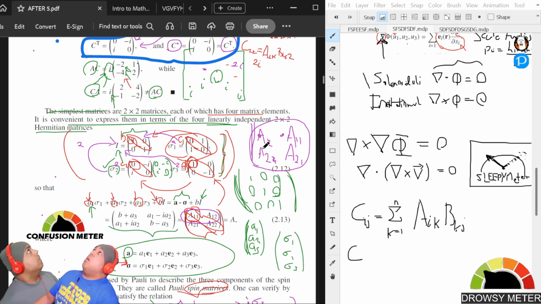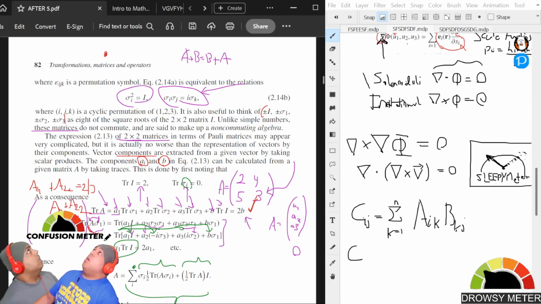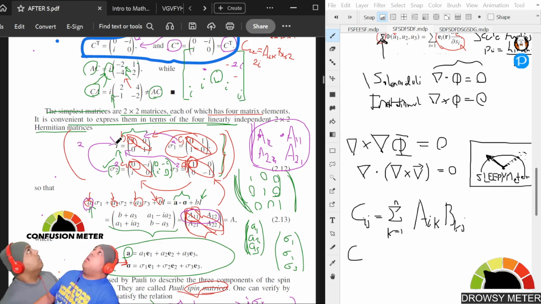What about this trace? The trace of A. We were allowed to do this for the trace of A because we know the end goal is to get these coefficients on these matrices.